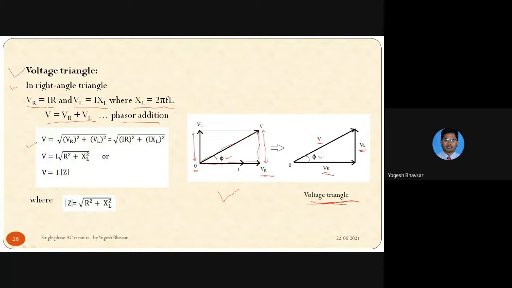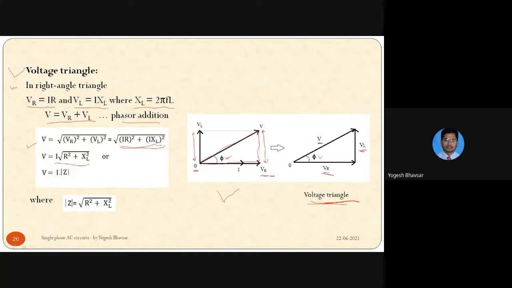Now, how do we do vector addition? We have it from Pythagoras. So V, the hypotenuse, is equal to the under root of VR square plus VL square. Or we can have VR is equal to IR, VL is equal to I XL, so we can put it here. By simplifying it, taking I as common out of the under root, we have R square plus XL square.